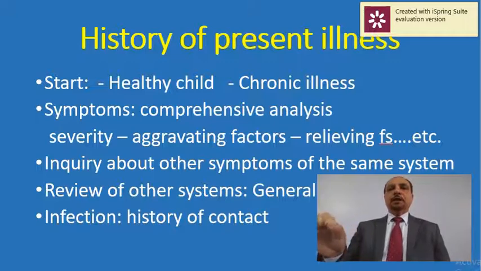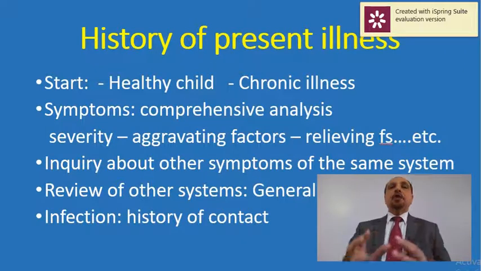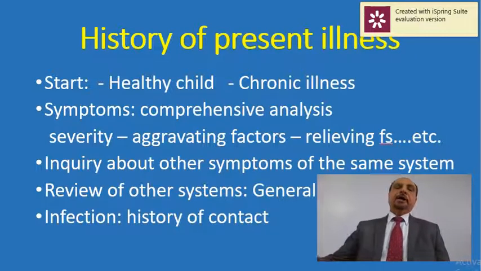Instead of saying he was perfectly well, we will say he was in his usual condition of health, or he was apparently well, when he started to have fever, runny nose, and so on.